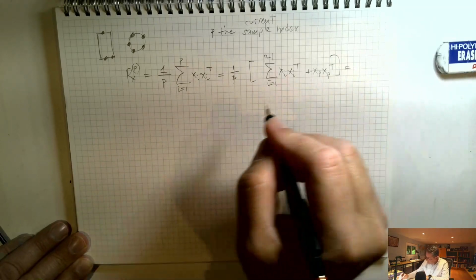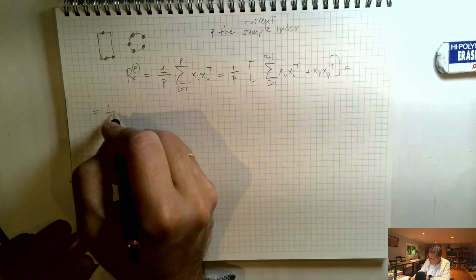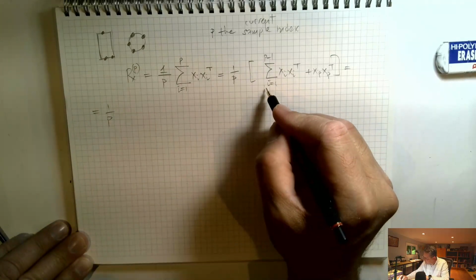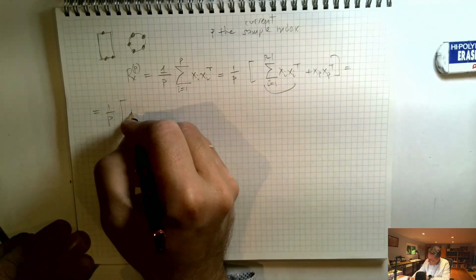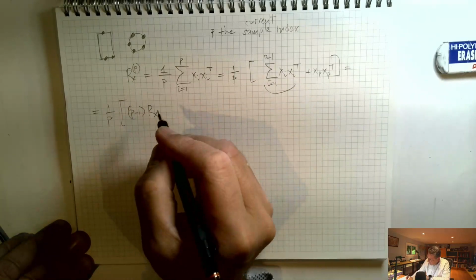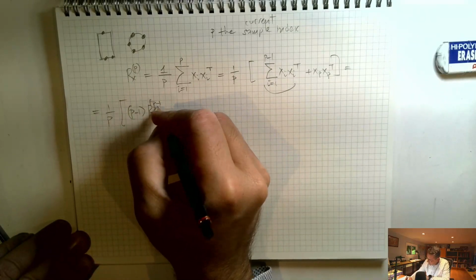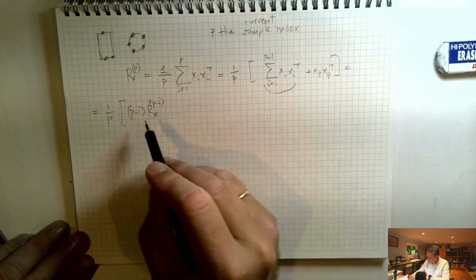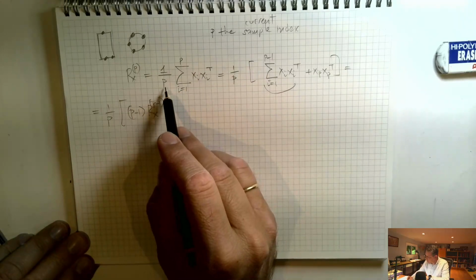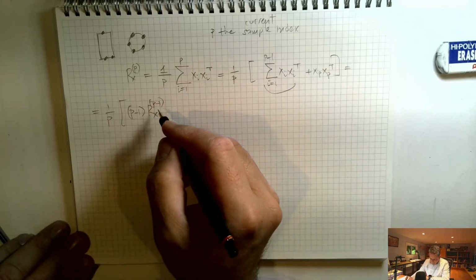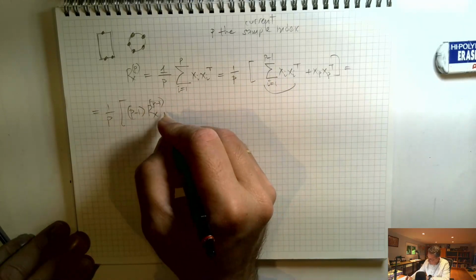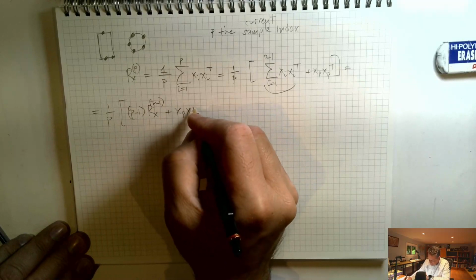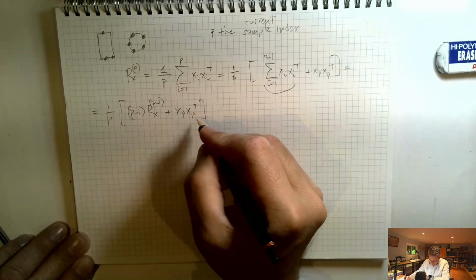And so I can write it as 1 over P times P minus 1 times Rx using the previous P minus 1 samples, because Rx(P minus 1) is 1 over P minus 1 of this sum, plus x_P x_P transpose.